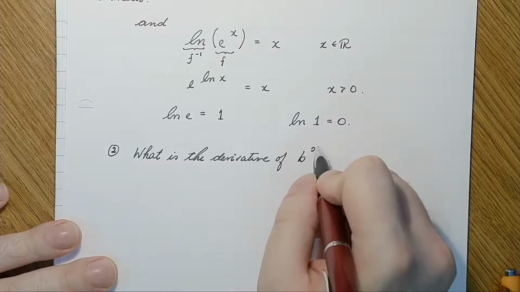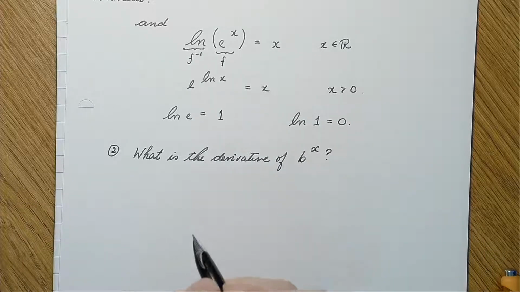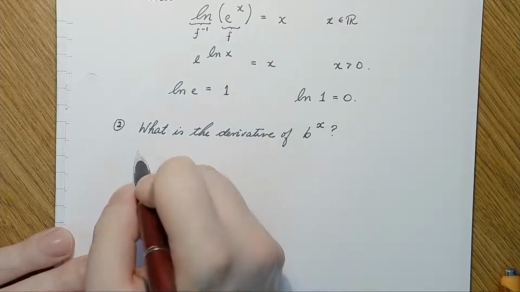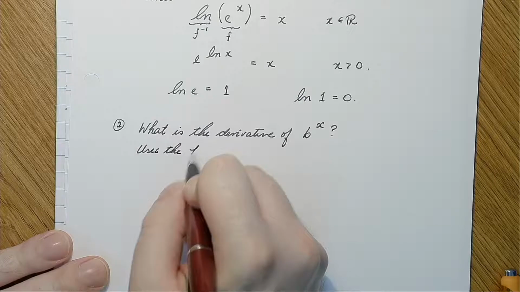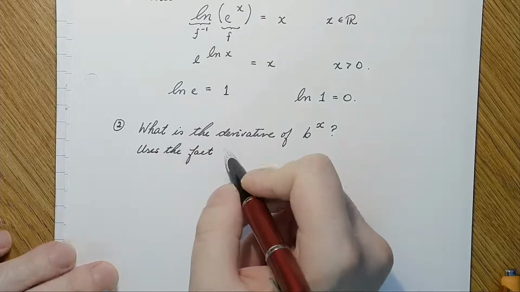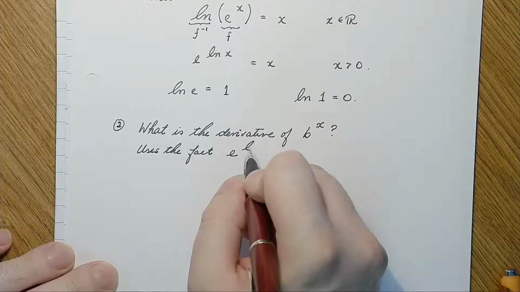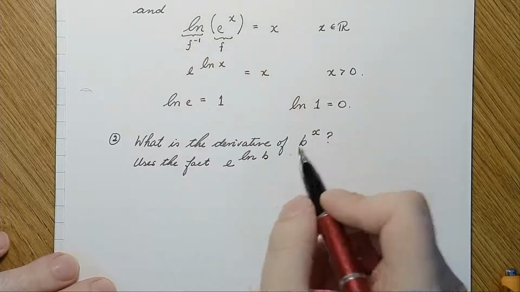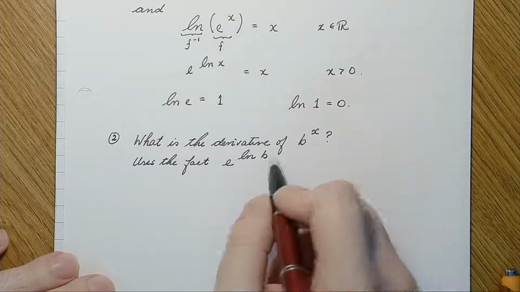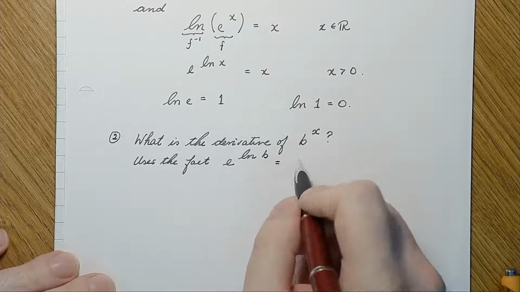This uses the fact that e to the ln of b is equal to b.